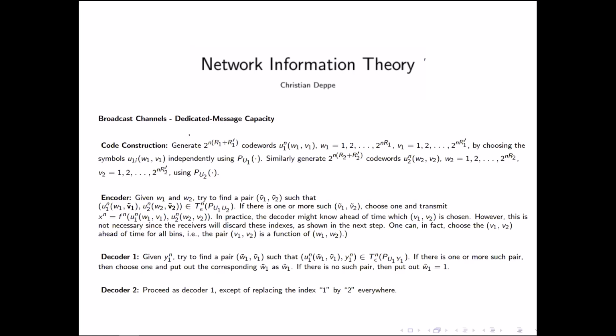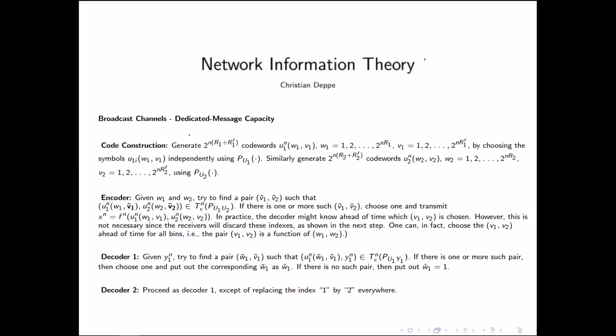So what does decoder 1 do? He receives y1^n, and now he tries to find a pair (w1 tilde, v1 tilde) such that u1^n(w1 tilde, v1 tilde) and y1^n are jointly typical with respect to P_{U1,Y1}. If there are one or more such pairs, then choose one and put out the corresponding w1 tilde as w1 hat, the estimate of the message.